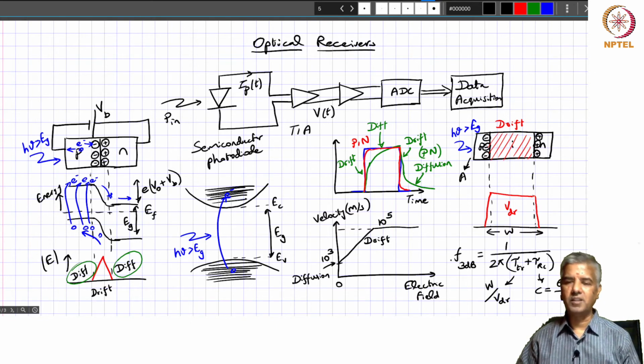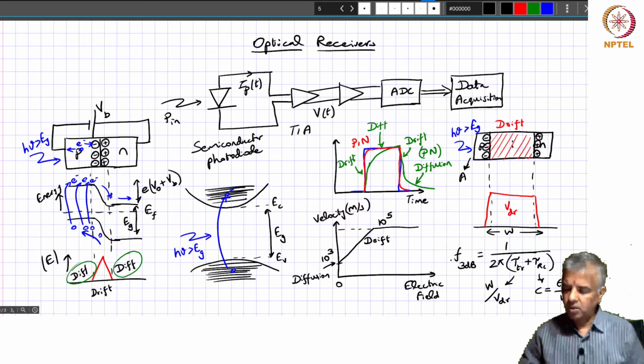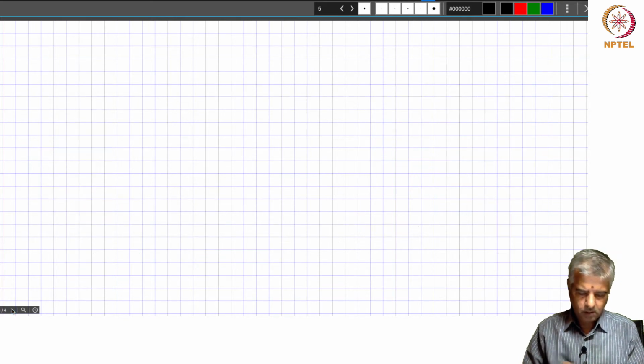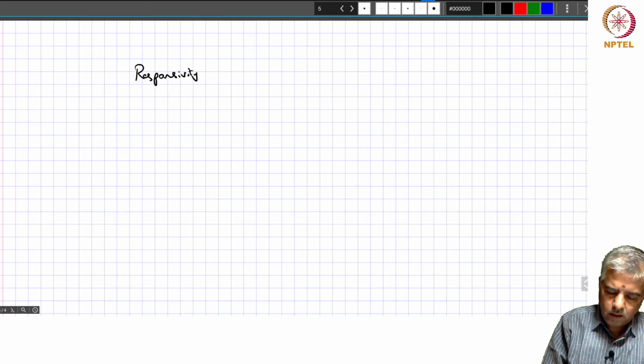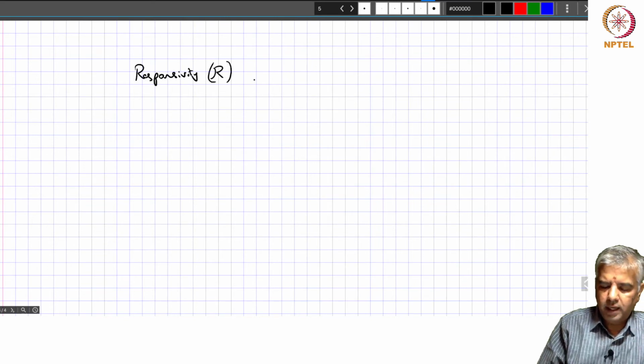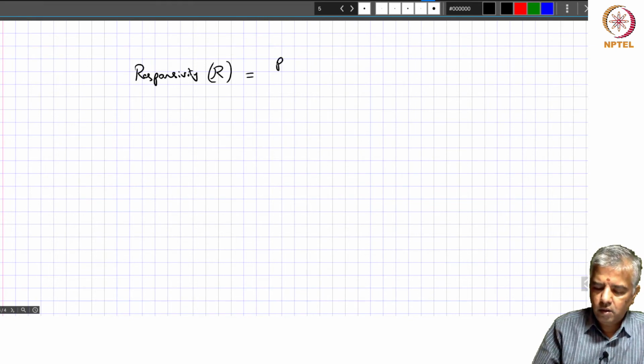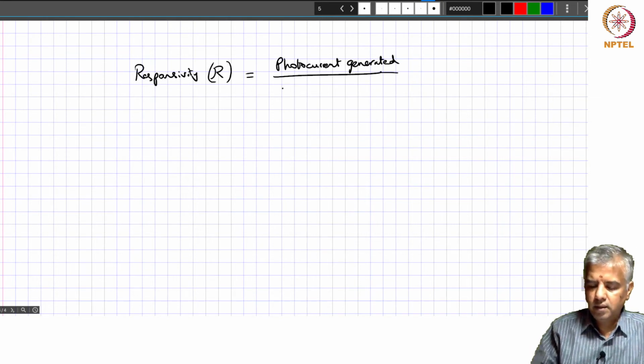So what is responsivity? The responsivity of the photodiode, denoted by R, is given by the photocurrent generated for a unit amount of optical power incident on the photodiode.